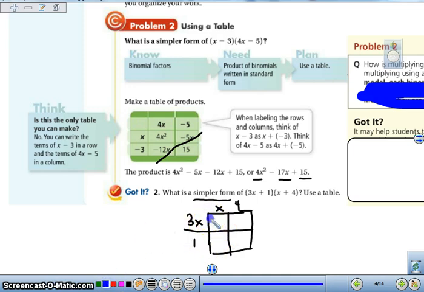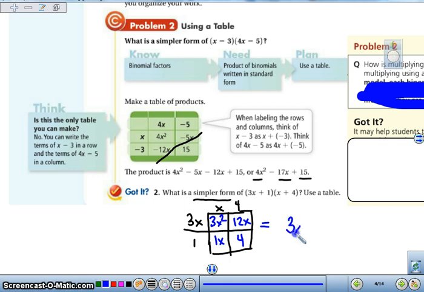3x times x gives us 3x squared. 3x times 4 gives us 12x. x times 1 gives us 1x, or you could just write x. 1 times 4 gives us 4. So again, on that worksheet, a third of the problems you will do with this method, and I need to actually see the box, not just your answer. So what is my final solution to this one?